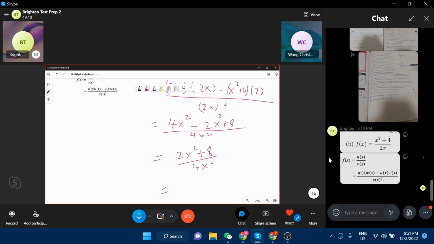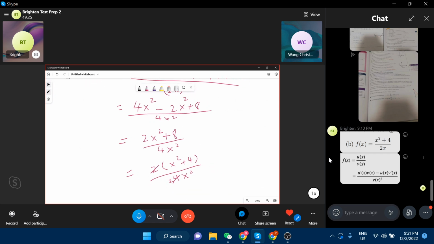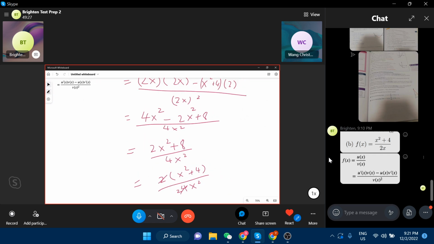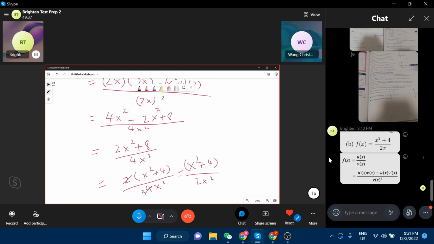And then let's simplify, right? So this becomes x squared plus 4 over 4x squared, so we cancel that out. That becomes 2. So this becomes x squared plus 4 over 2x squared, correct? Yeah. Okay, we're almost there.